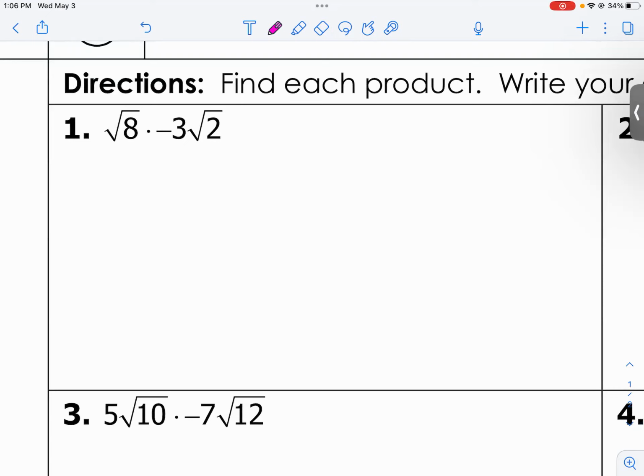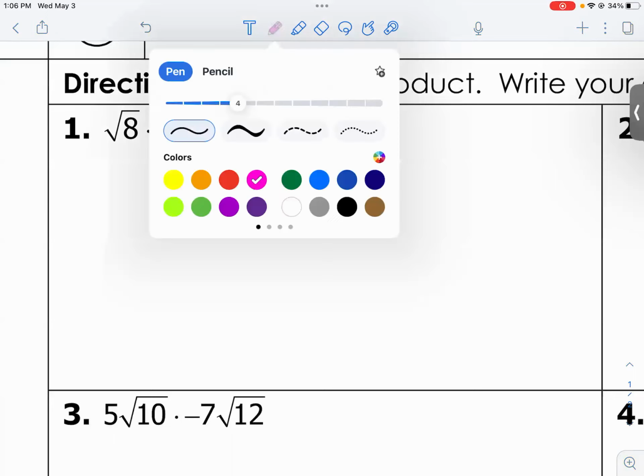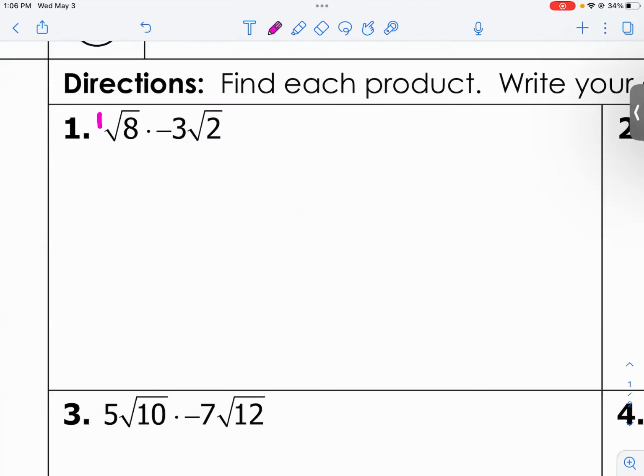Okay. So, can you tell me, do we have numbers on the outside of our radicals? So I'm going to just write, technically this is a 1. So I'm going to take 1 times -3, and that stays on the outside.